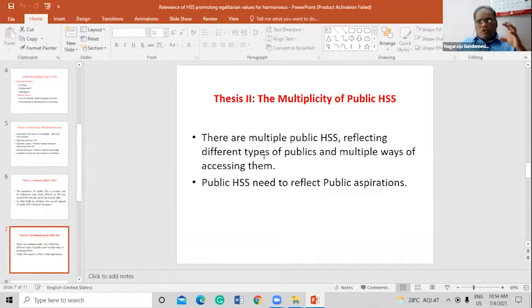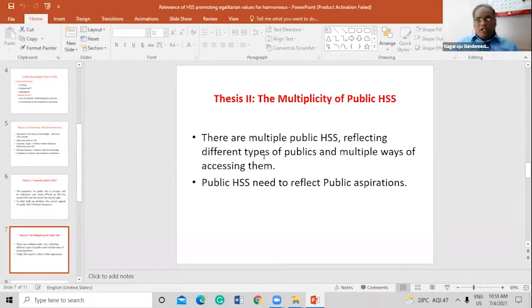So this is where some of the scholars who are primarily talking about the sociology of science and technology, or who talk about the nature of the relationship between science, technology, and society, argued that the social sciences need to recognize the knowledge of the farmers as well as the knowledge of diverse sections of the society.